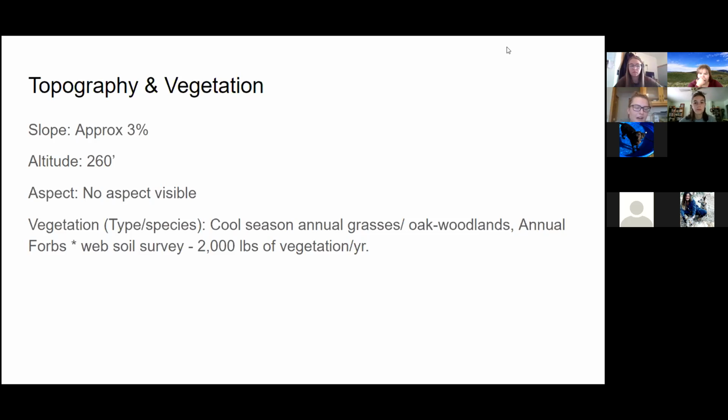As far as aspect, there wasn't any visible aspect from the photograph. And the vegetation there, we determined was cool season annual grasses and oak woodland in the background, some annual forbs, and the web soil survey told us that there is 2,000 pounds of vegetation produced there per year.